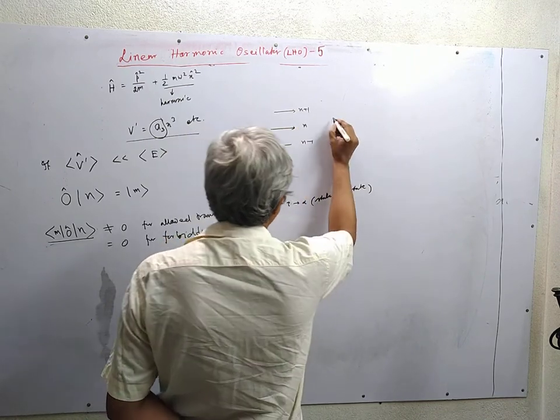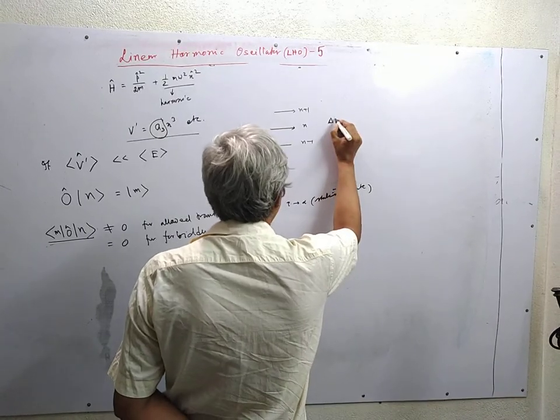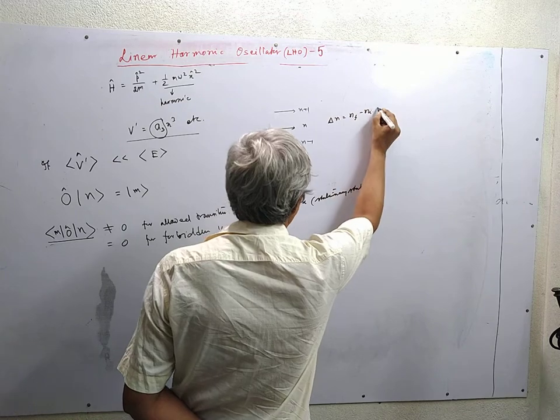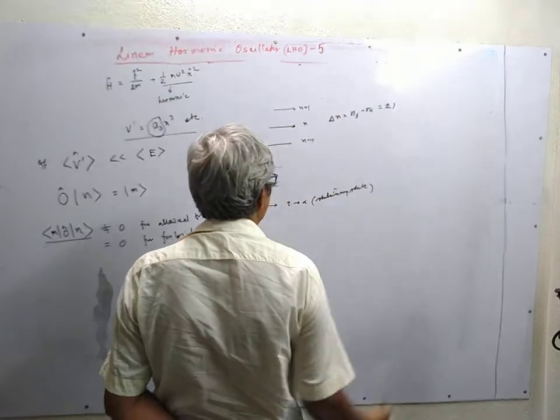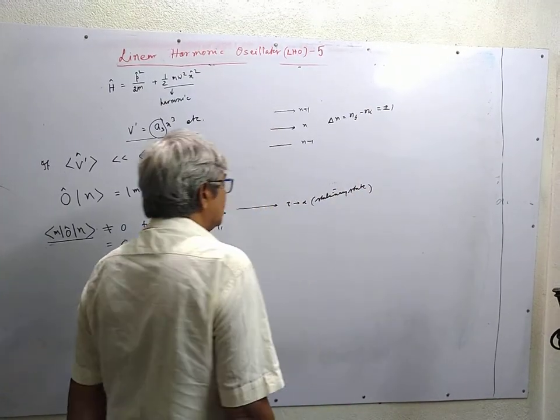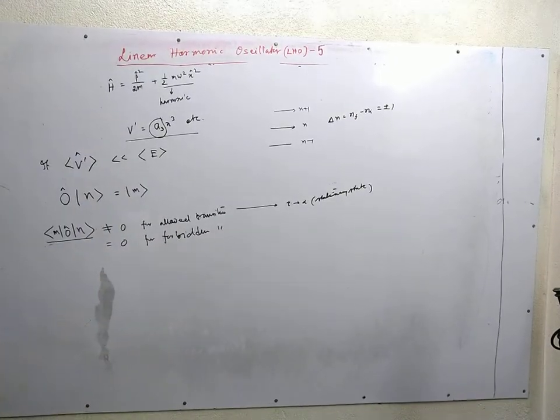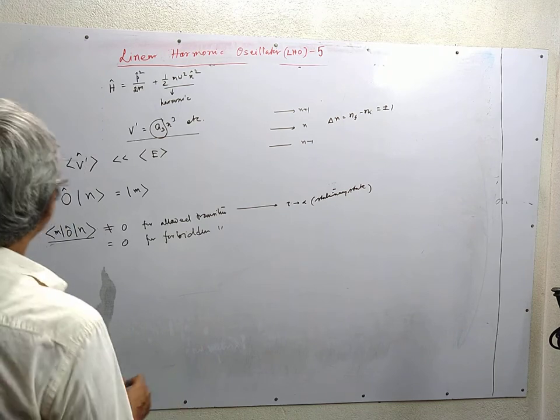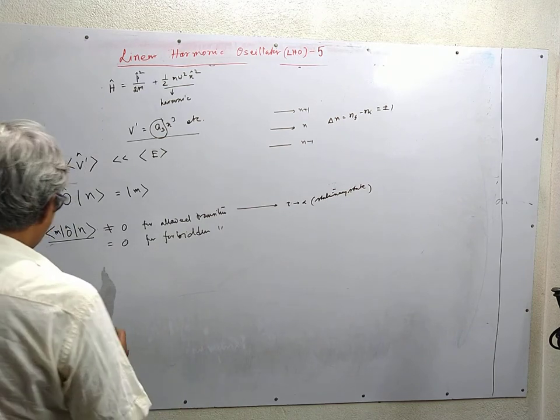If so happens, they define delta n is equal to nf minus ni is equal to plus minus 1 as the selection rule. That is, n can change either by plus 1 or minus 1, and these are the only possible transitions. Now we come to the harmonic oscillator step.